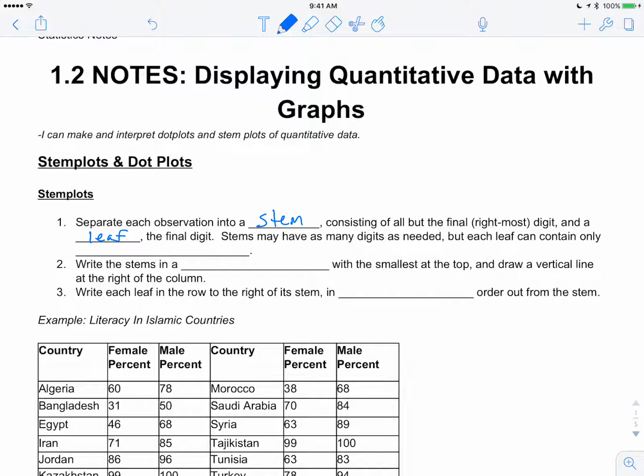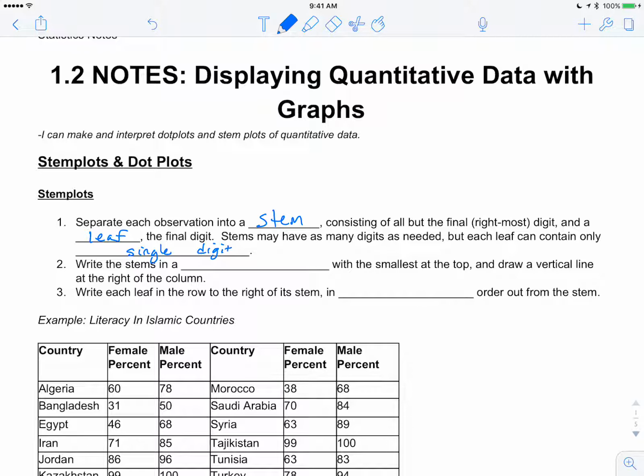Stems may have as many digits as needed, but each leaf can contain only a single digit. It's very important that each leaf contain only one single digit, because we're going to be putting a bunch of leaves next to each other, and if there's more than one digit, you can't tell them apart. So each leaf has to have one digit.